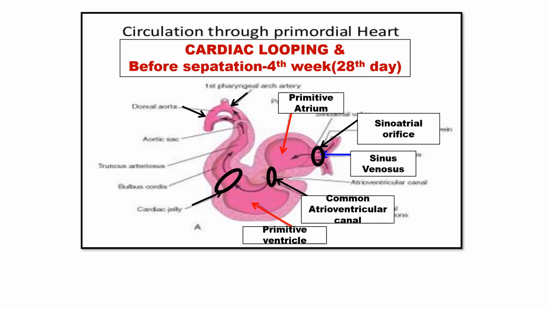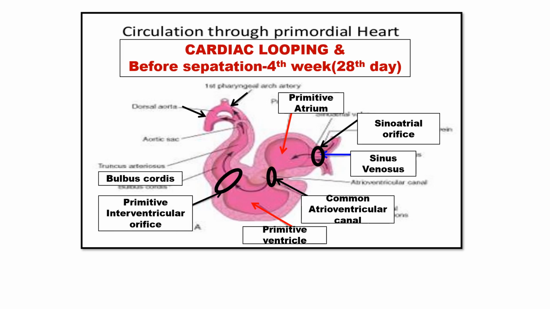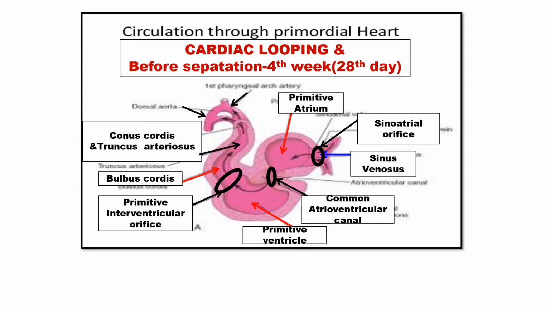Blood from the primitive ventricle enters the bulbus cordis through the primitive intraventricular foramen. Blood from the bulbus cordis enters the conus cordis and later the truncus arteriosus. From the truncus arteriosus it reaches the dorsal aorta via the aortic arch arteries.